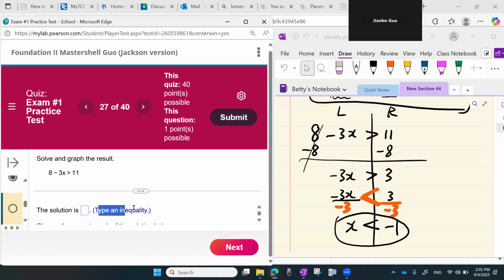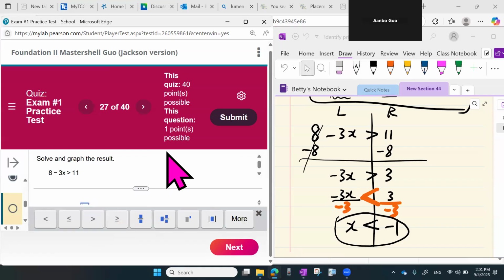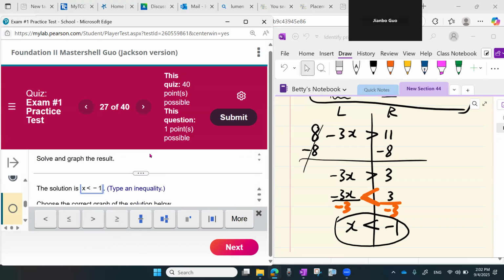It says in the parentheses, type an inequality. So we're going to type: x is less than -1. And that's the solution. All the real numbers that are strictly less than -1, okay?